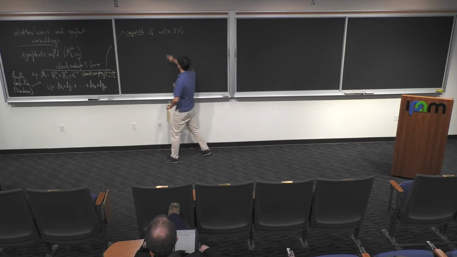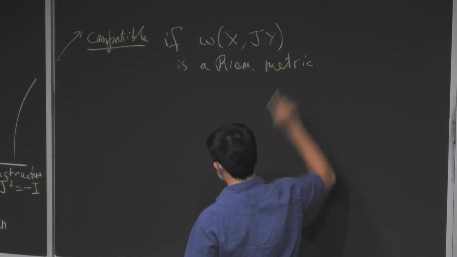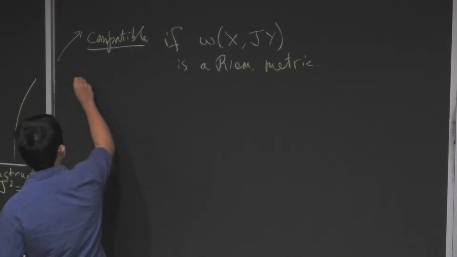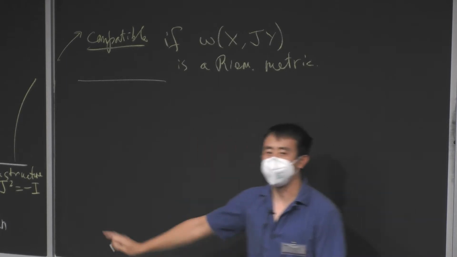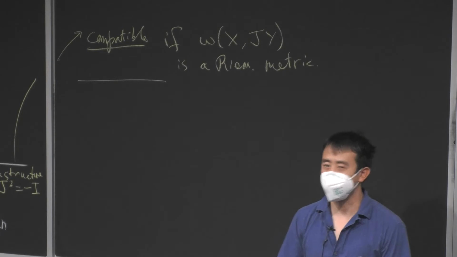And it's compatible if this is a Riemannian metric. So again, R^2n certainly has one just by identifying it with a genuinely complex space.